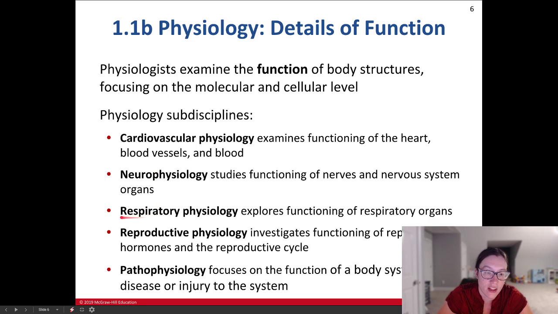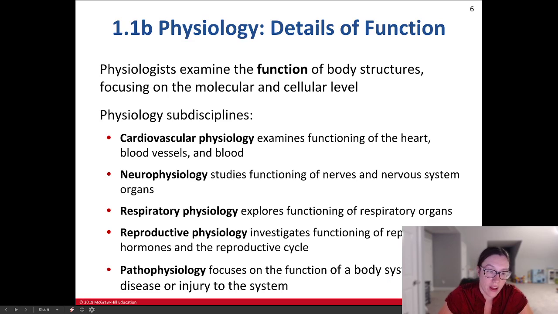Respiratory physiology studies the physiology of the respiratory system. Reproductive physiology studies the physiology of the reproductive system and all the hormones involved. And then finally, pathophysiology. Remember, we said that pathology was the study of diseases, so pathophysiology is the function of a body system during disease or injury to that system.